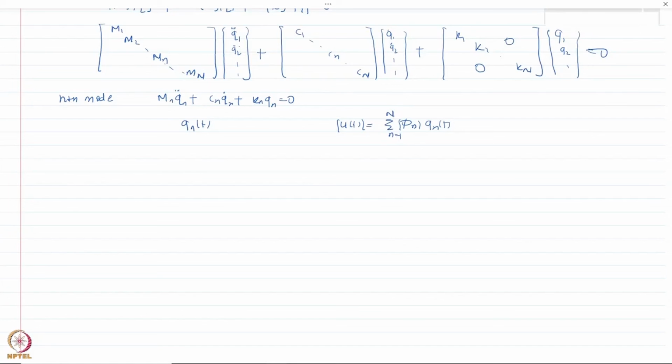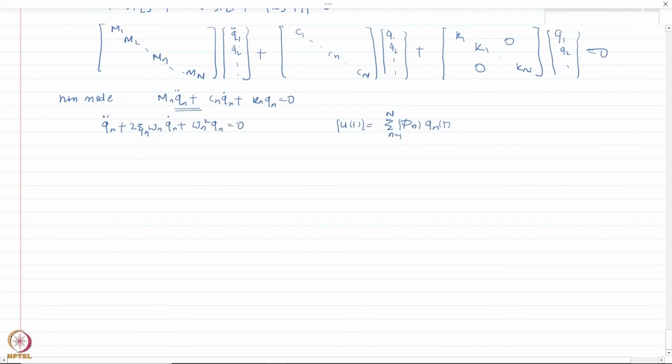Now to do that, let me first write down the same equation that we have, by dividing throughout by mn and writing it in this form: qn double dot plus 2 zeta n omega n times qn dot plus omega n square times qn equal to 0.